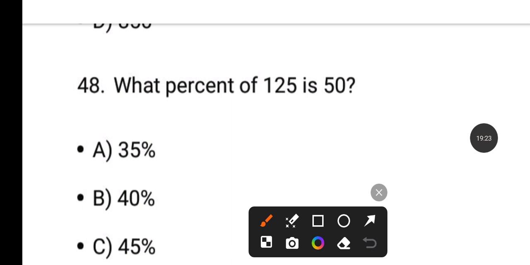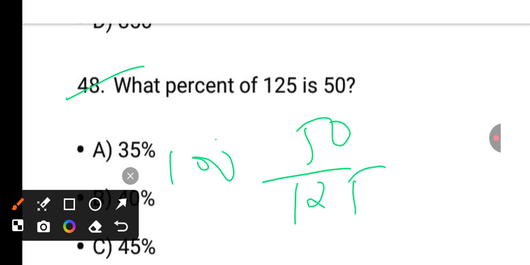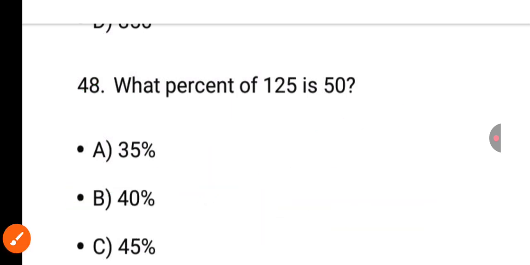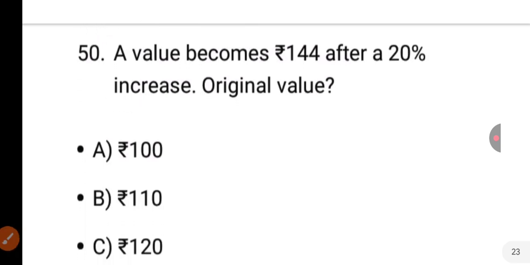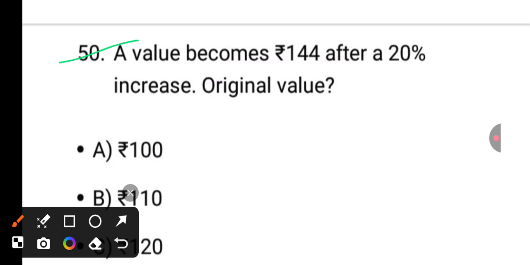Next, what percentage of 125 is 50? Same, 50 by 125 into 100. It is 5 times, 4 times, 10 times. It is 40%. Next, a value becomes 144 after a 20% increase.